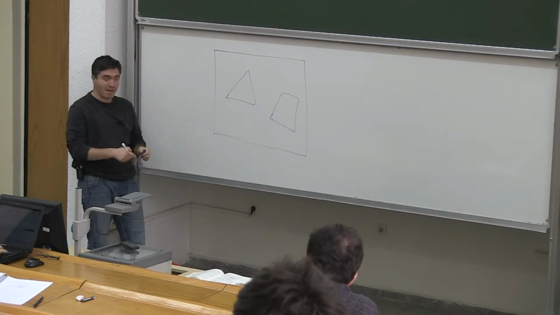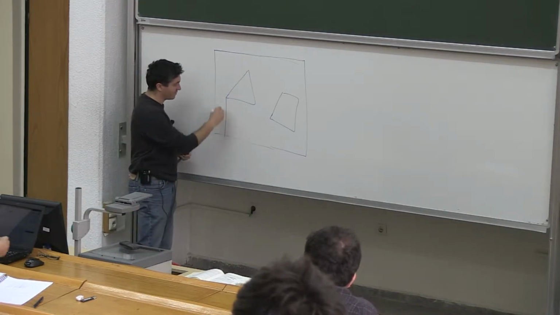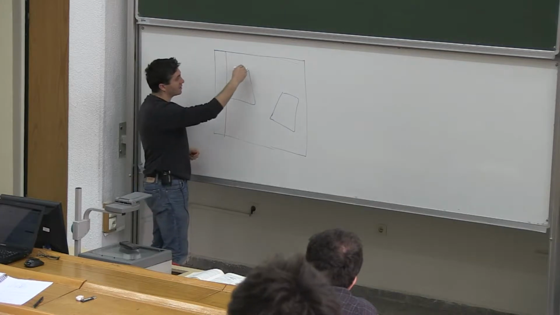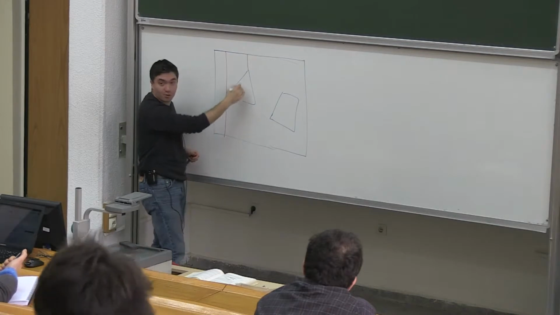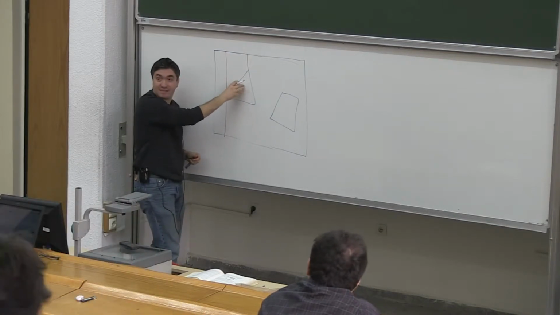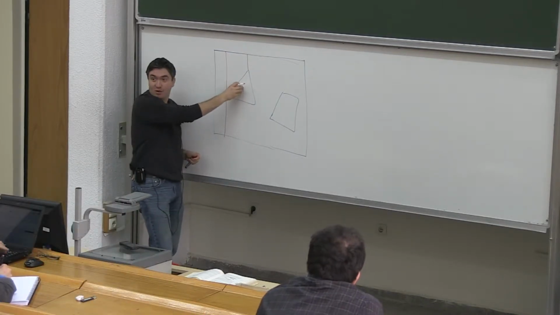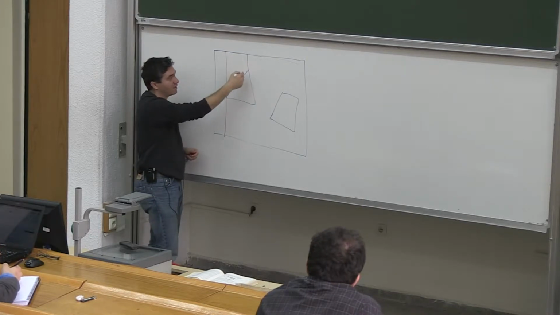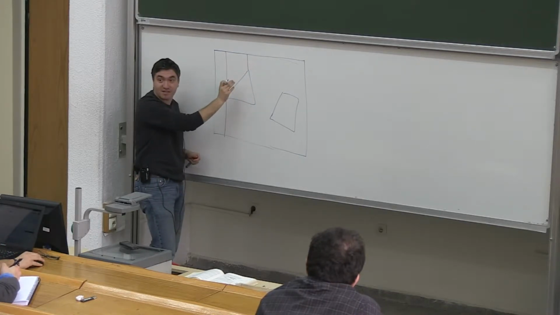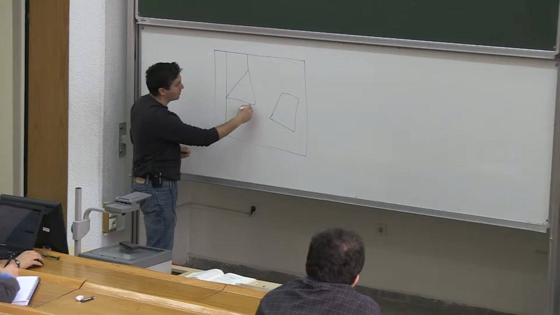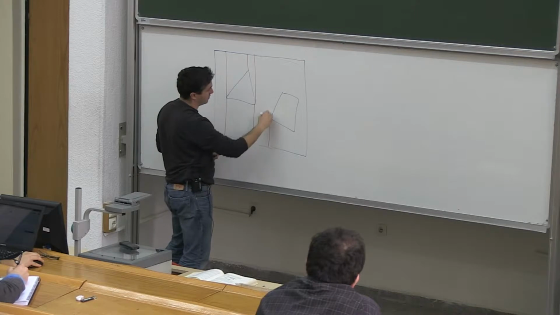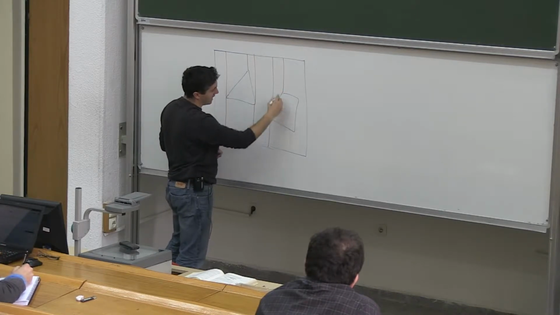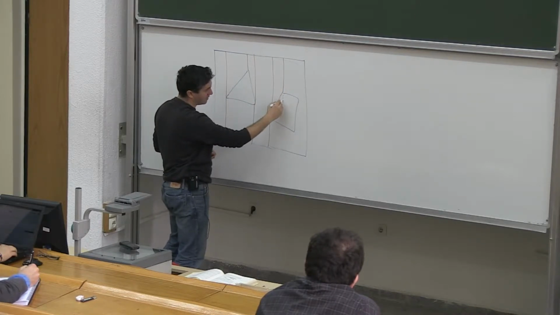The trapezoidal map extends these vertical extensions. For example, this node also has a downward vertical extension, but since it is inside the obstacle polygon, we don't consider vertical extensions that are inside polygons. Same for this vertex: the downward extension is not considered.